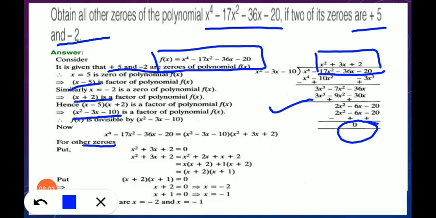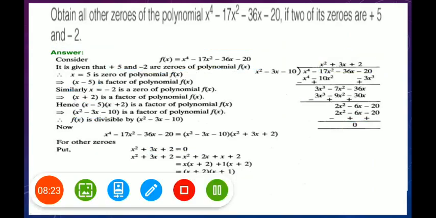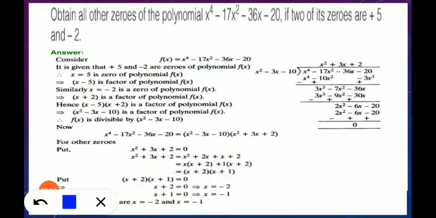For finding the other zeros, we will put the quotient equal to 0. We will factorize it, and after factorization we will get (x plus 2)(x plus 1). We will take it equal to 0.